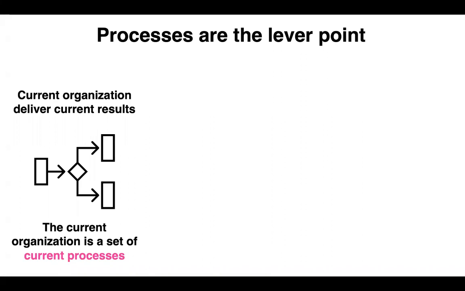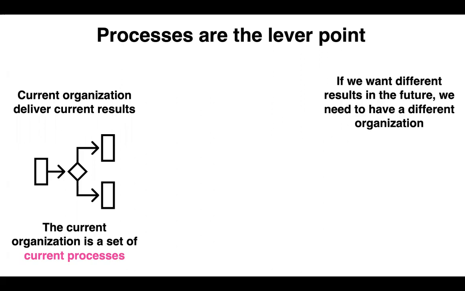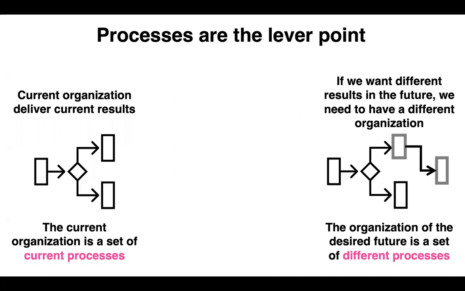So if we want our organization to arrive at better results in the future, we need to have a different organization, an organization with different processes. So a management system is about promoting, commanding, supporting, accelerating this transformation.